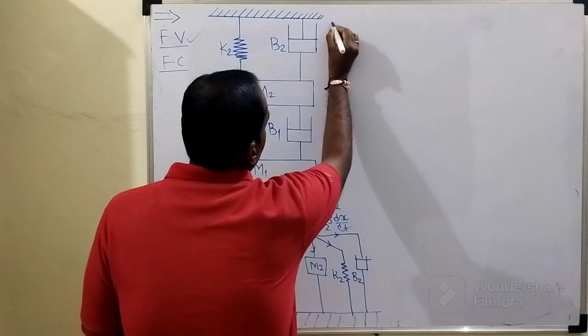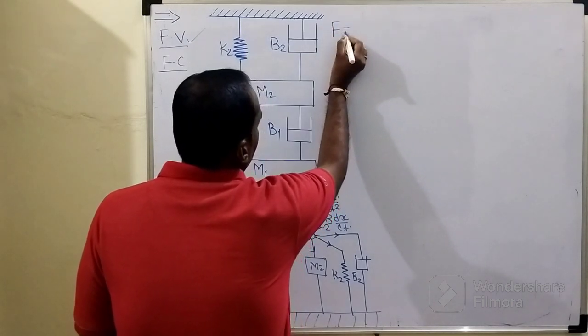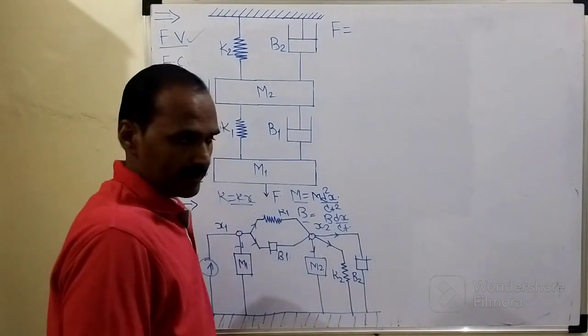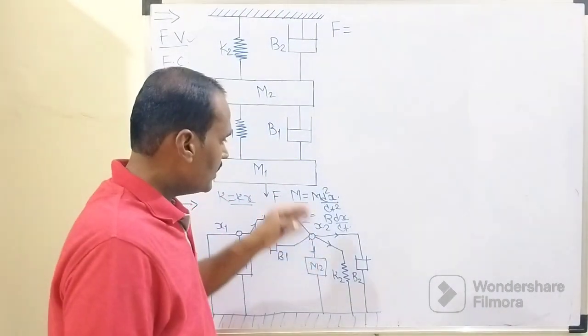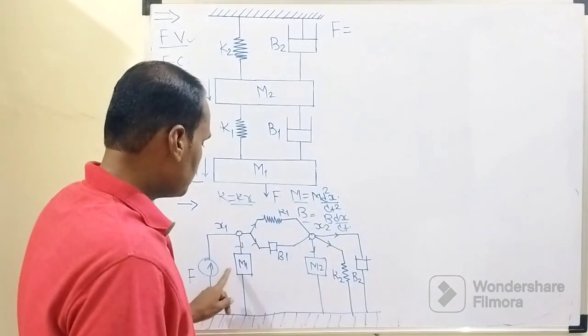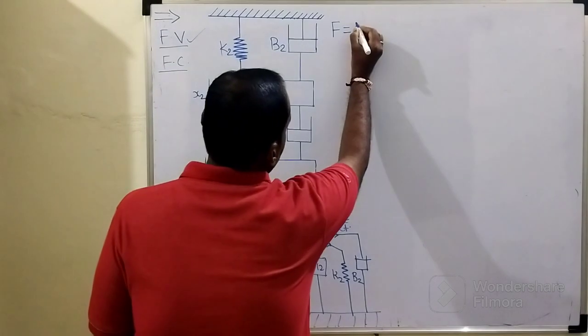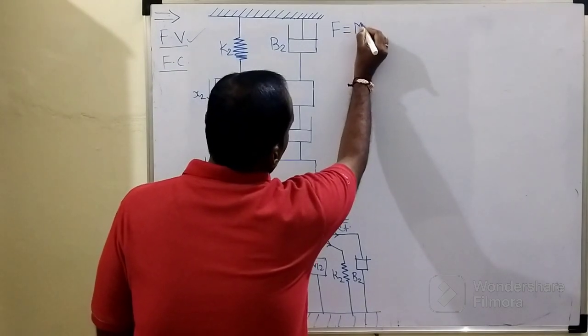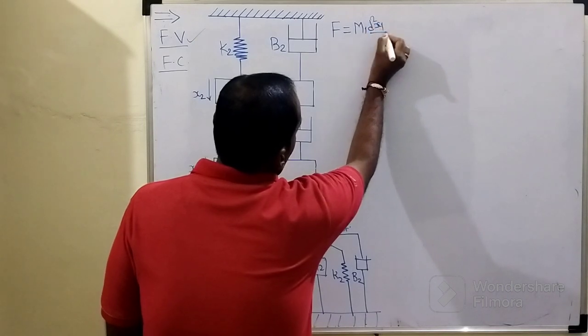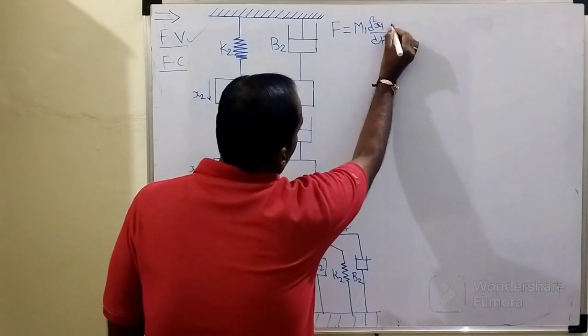So the incoming force is denoted by F, and the outgoing force belongs to this mass, spring and damper. In which manner do we need to write this? For that purpose we need to recall the equilibrium equation. This mass is associated with displacement x1, so it will become m1 times d square x1 upon dt square plus.